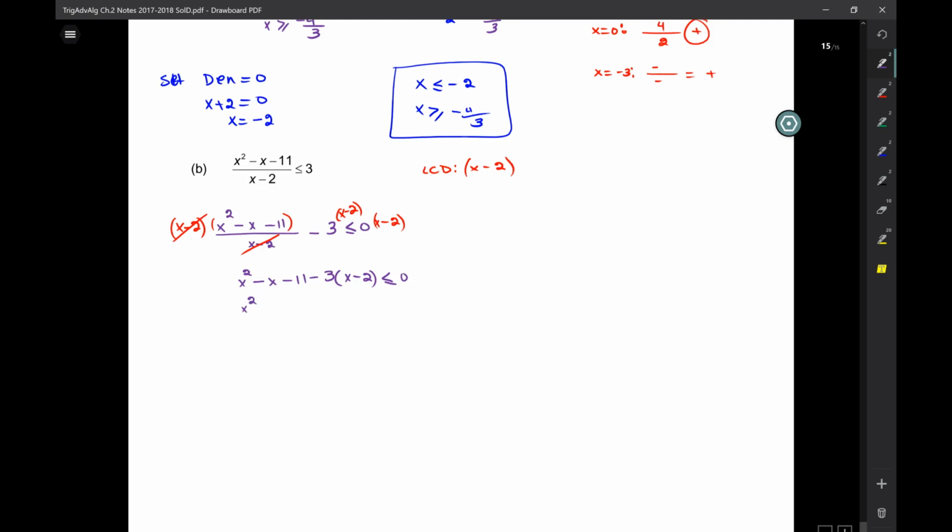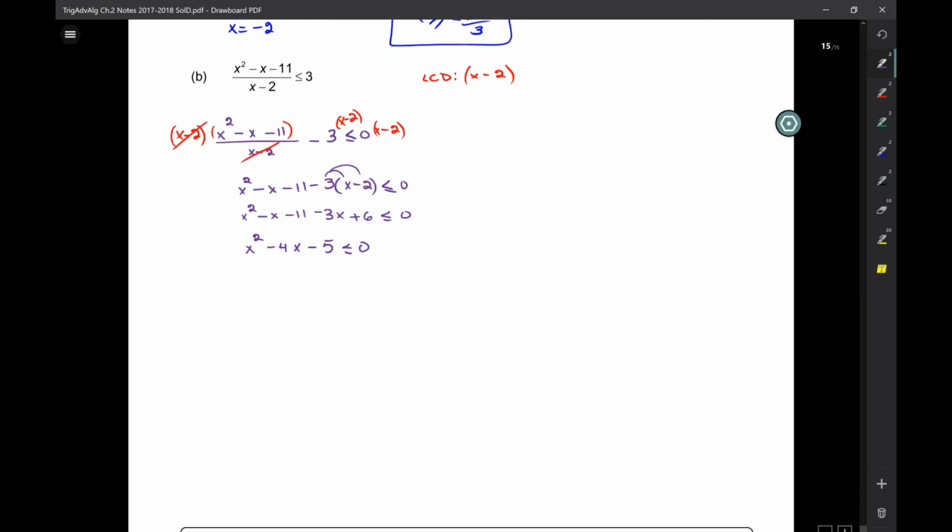So x squared minus x minus 11 minus 3x plus 6 less than or equal to 0. Let's combine like terms. X squared minus 4x minus 5, is it? Yeah. Oh, we can factor. X minus 5, x plus 1.